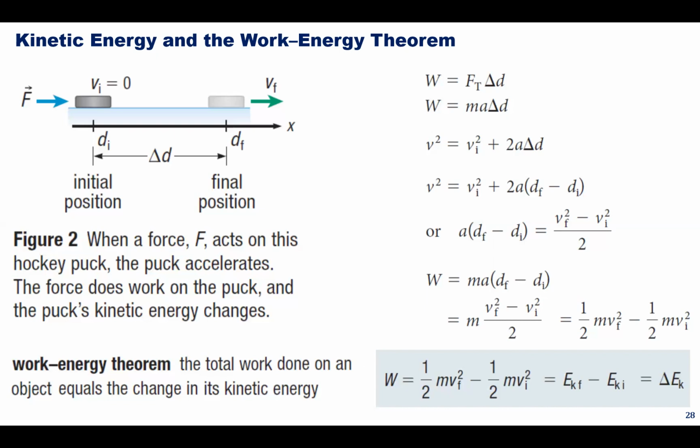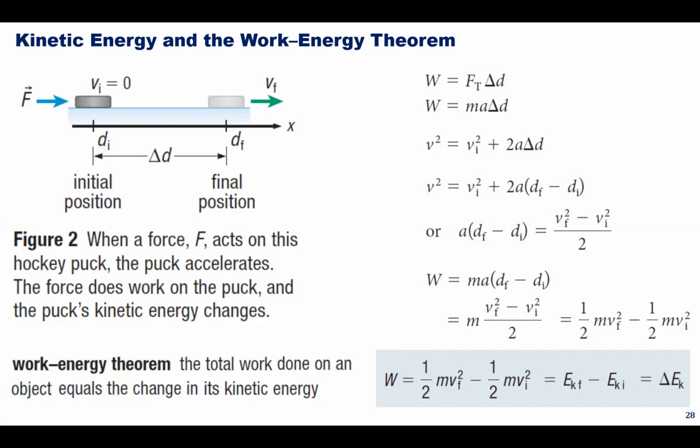Using Newton's second law, F_net equals ma for this one-dimensional case. This equation then becomes W equals F_net delta d. Then W equals ma delta d, right? This assumes that the force is constant, so that acceleration is also constant.